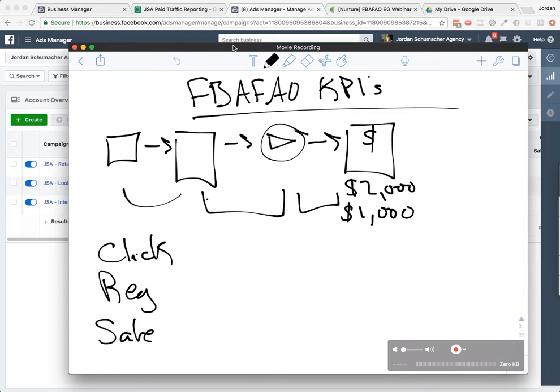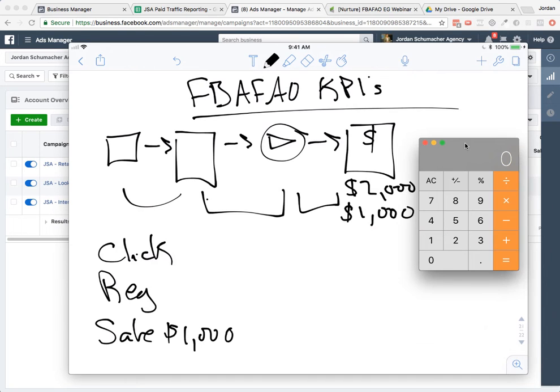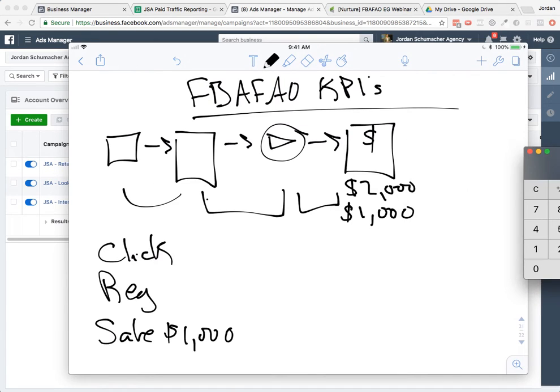If I'm willing to pay $1,000 for the sale, and I know that a baseline benchmark for a webinar's conversion rate to cold traffic is right around 1%, that means that I am willing to pay $1,000 per sale times 0.01, or a 1% conversion rate, which means I am willing to pay roughly $10 per webinar registrant.